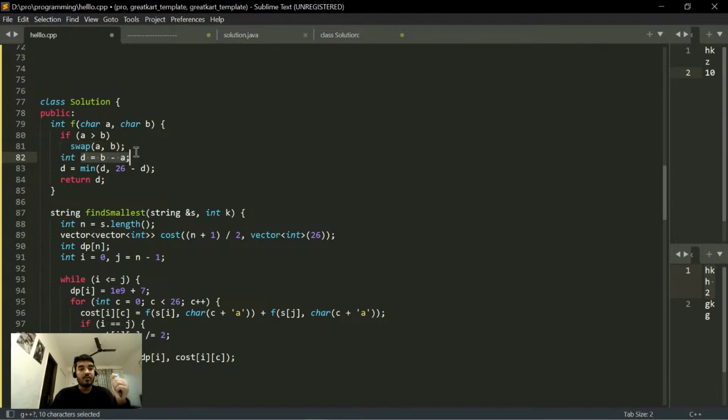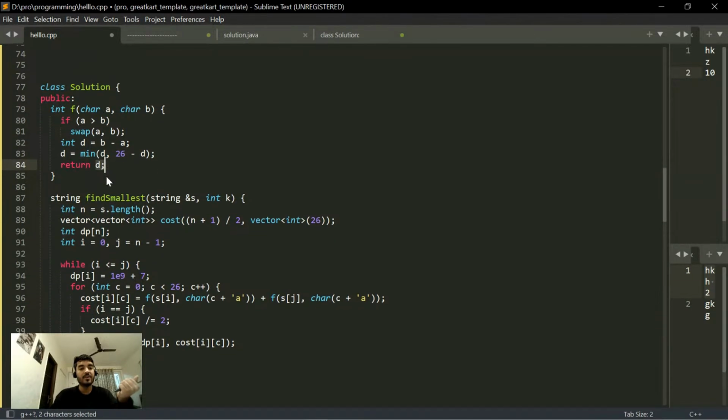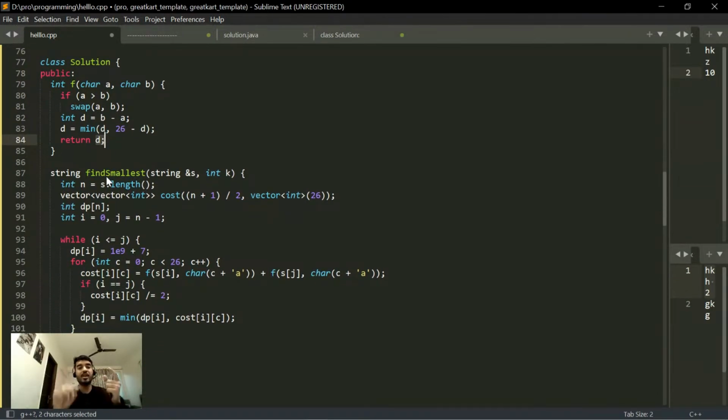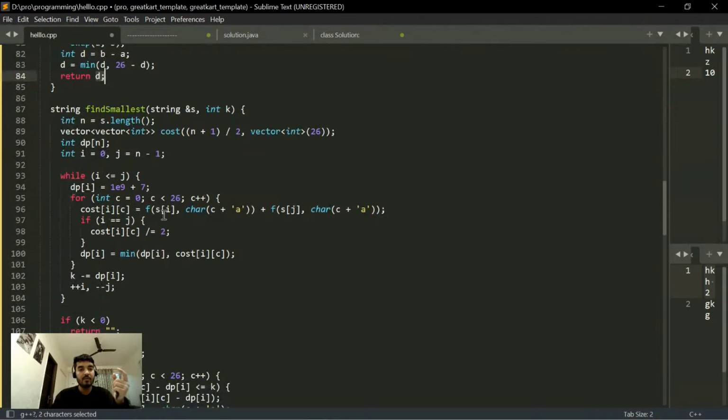So then this is my value of d1, b minus a, and the value of d2 is simply equals to 26 minus (b minus a). We have already discussed this thing, and whichever is minimum, I will return that value, the minimum number of shifts required to make both a and b equal. And this value I will store in cost of I, comma c.